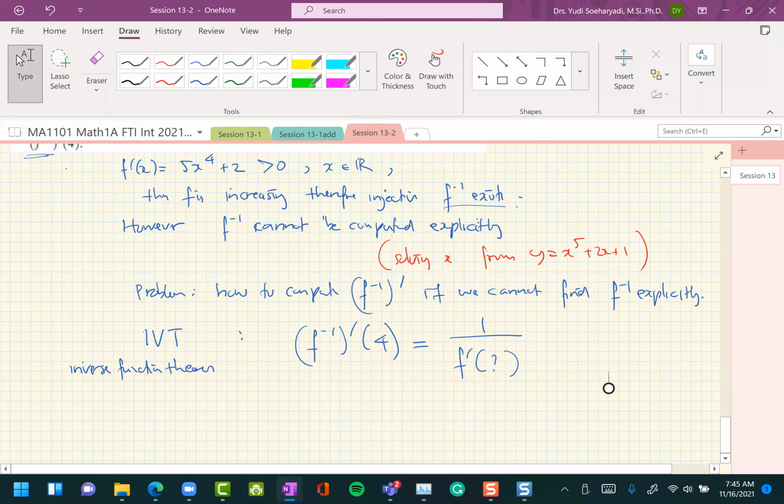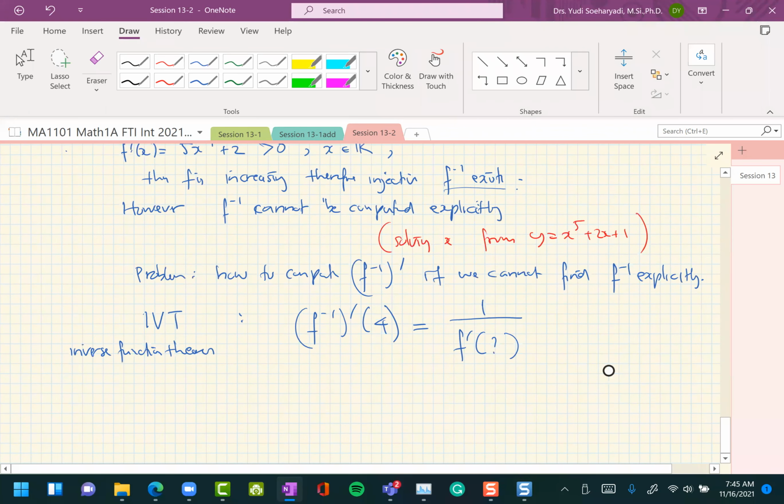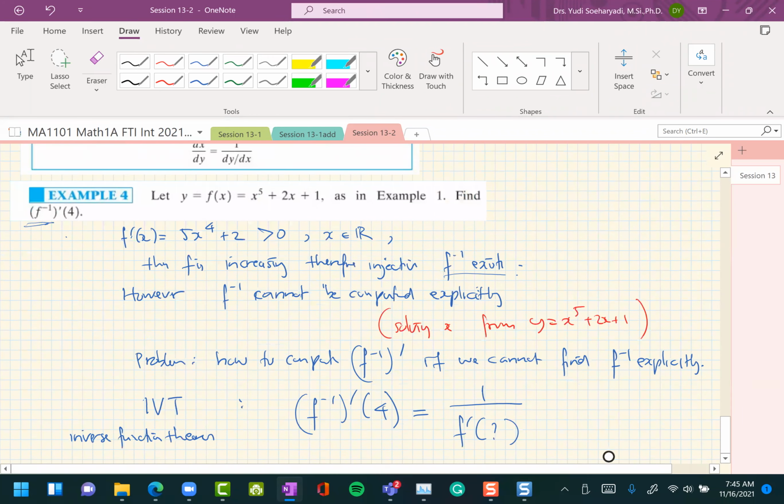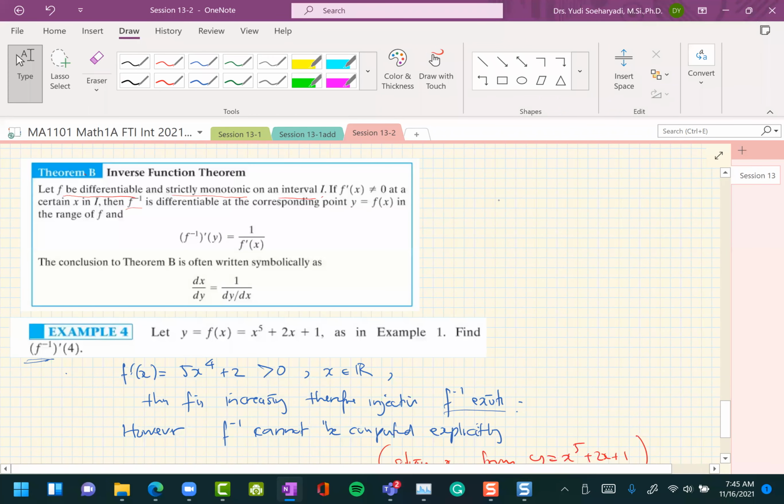Because what happens is, suppose b equals f of a, then the derivative of the inverse at b is 1 over f prime of a.